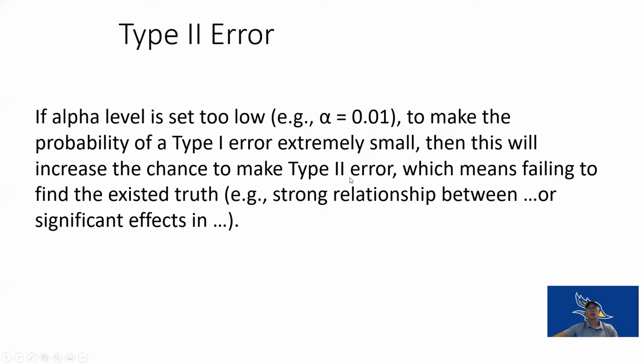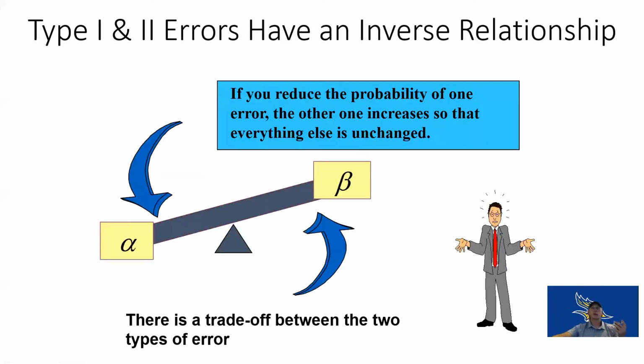So we're trying to balance that scale of what's our risk, and we've set alpha level as 0.05 and a beta level, or a risk of making a type 2 error, is going to balance out if we get an alpha level of 0.05. So that is pretty much set in stone.